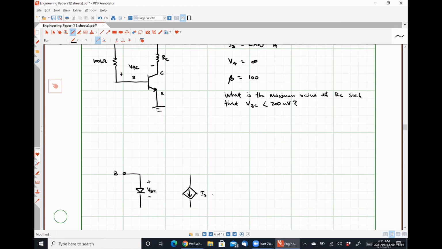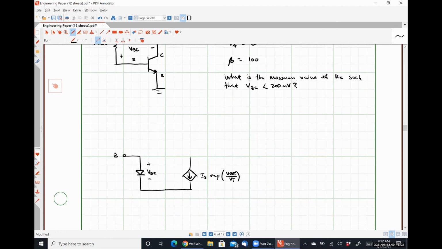Here is our current, IS, EXP, VBE over VT. Down here at the bottom is our emitter, which is tied to ground. Here is our collector. So that's our large signal model for the transistor itself, just for the sake of argument. IB is 1 over beta IC.